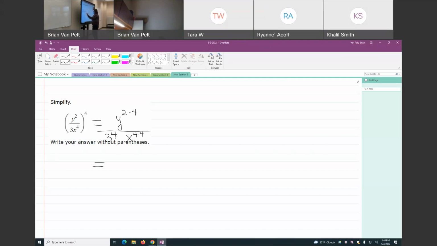I have y to the 2 times 4 divided by 3 to the fourth, x to the fourth times 4. I'll stop there. You guys understand what I did? I don't know what that rule is, a power rule, I think. And so now all I got to do is my multiplications. Y to the 8th divided by 3 to the fourth is 81. X to the 16.